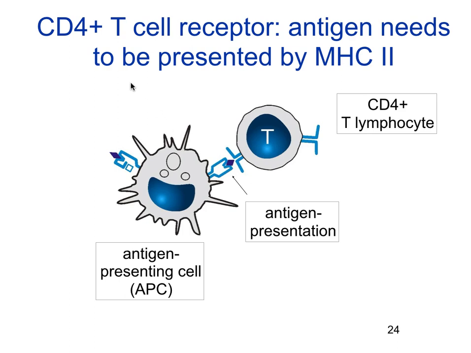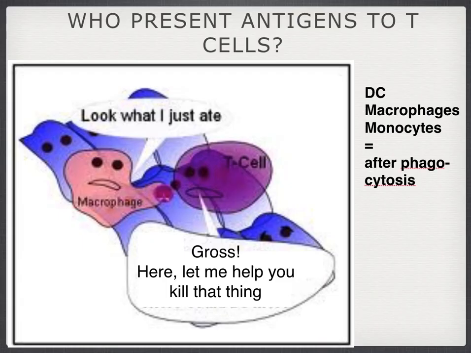So this is a CD4 positive T cell that is responding to an antigen presenting cell that is presenting antigen in MHC class 2. It needs some help killing whatever it has eaten, so it tells this T cell to help out. So this T cell will then become activated, start producing cytokines that can then activate this antigen presenting cell and then help out with killing whatever it has eaten.